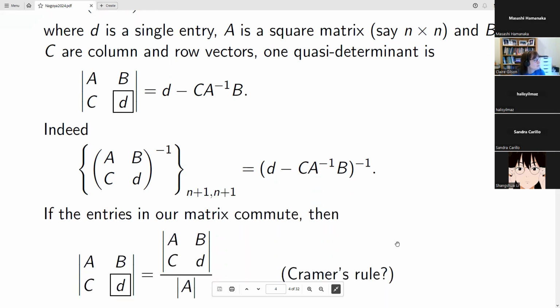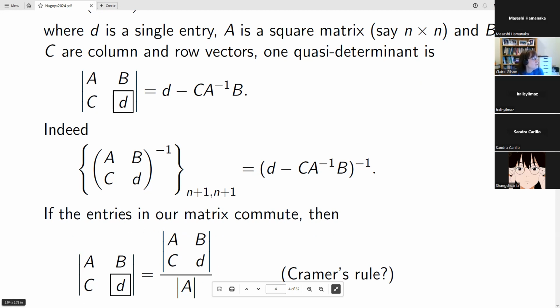Right, so if the entries in our matrix commute, if everything commutes, then your quasi-determinant actually turns out to be the ratio of one determinant divided by the determinant where you've removed the bottom row and the last column.